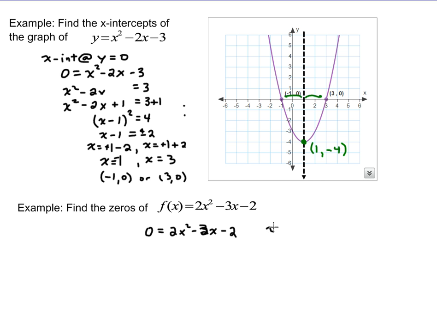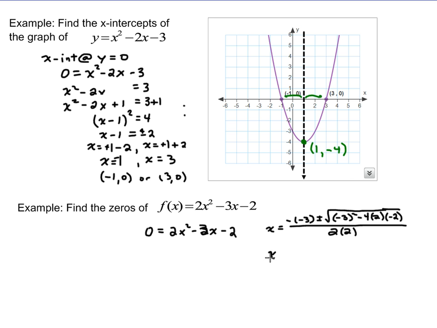So x is equal to the negative of b, so negative 3, plus or minus the square root of b squared. So we're going to take negative 3 and we're going to square that, minus 4 times a, which is 2, times c, which is negative 2, divided by 2 times a. So that's 2 times 2.